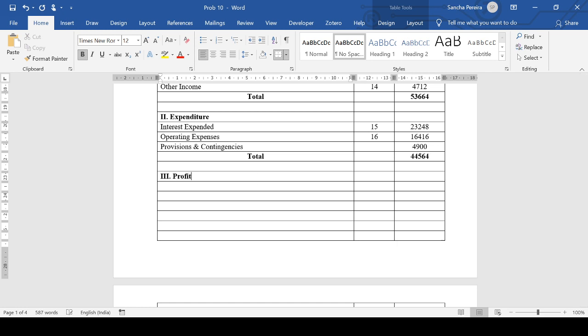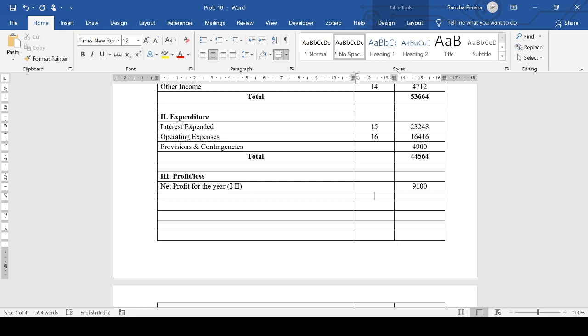Move on to the third part, profit slash loss. So net profit for the year is 1 minus 2, which is 53,664 minus 44,564, which is 9,100. And we also have profit brought forward.